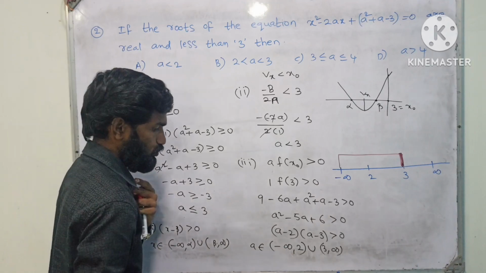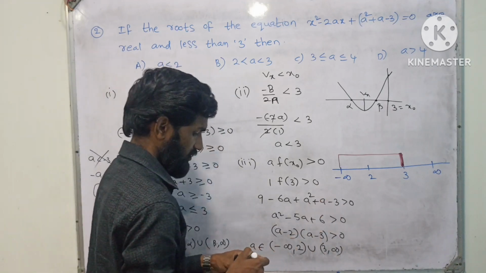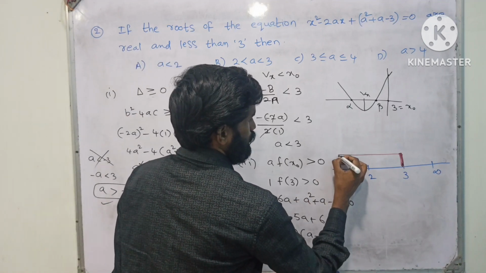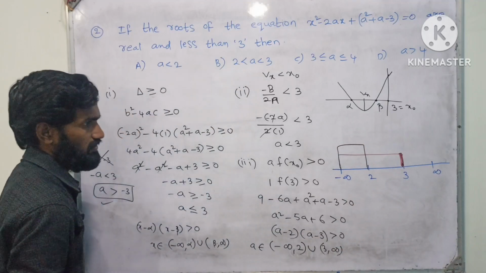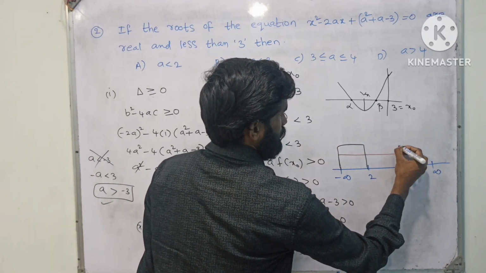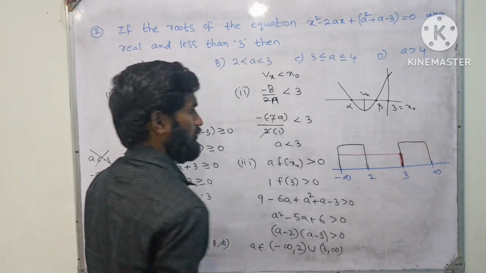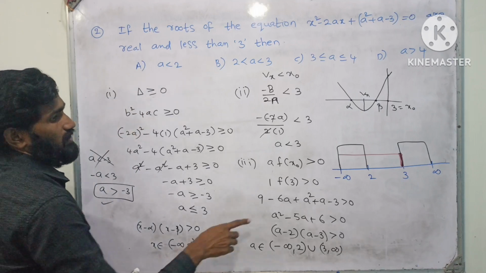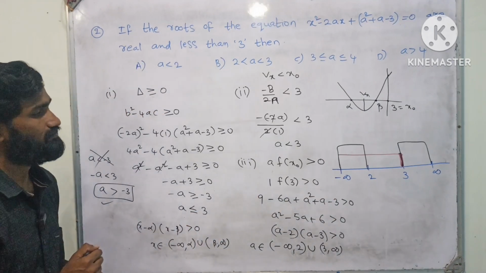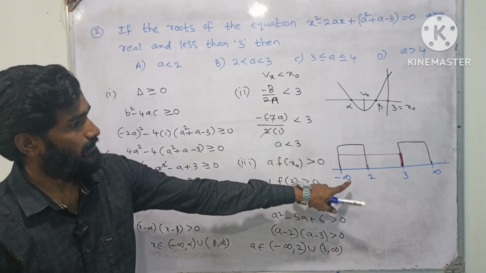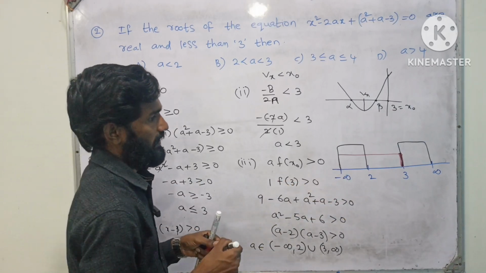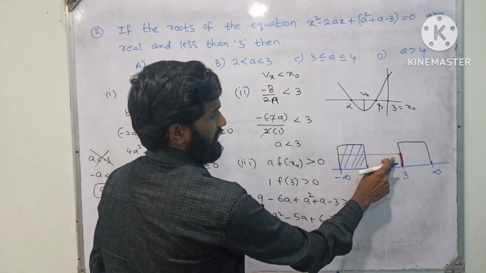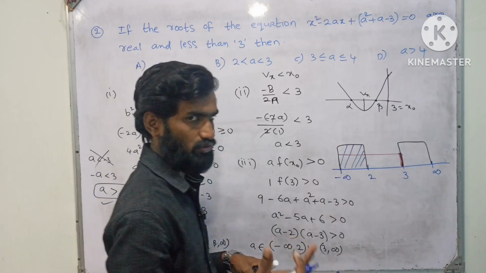Minus infinity to 2, and 3 to infinity. Now observe here: we are having two lines, a red line and a black line. Here we don't have the black line, only the red line. Here we have only the black line, there is no red line.